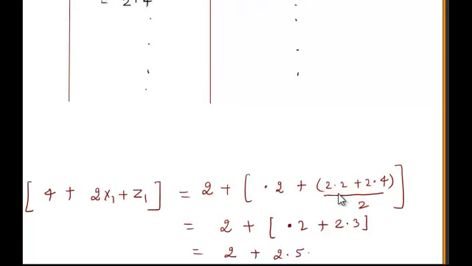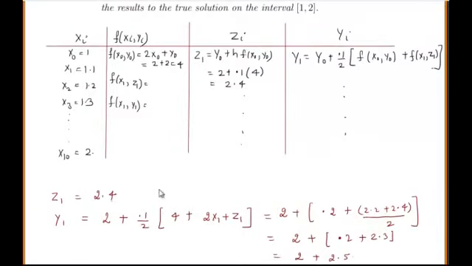So is it correct? Let's check once again. So we had 2.4 here. Y naught is 2, and 0.1 over 2. Then, yeah, I didn't multiply 0.1 in this expression, right? 2 times x1 is 2.2 and z1 is 2.4, but 0.1 I multiplied in 4 and divided by 2, but 0.1 I didn't multiply here.